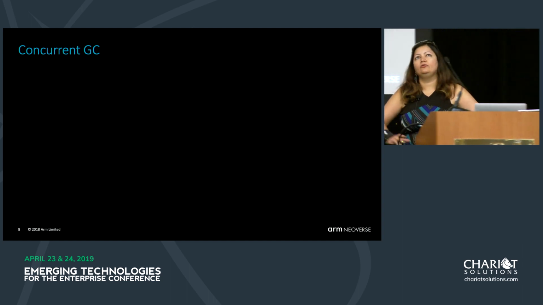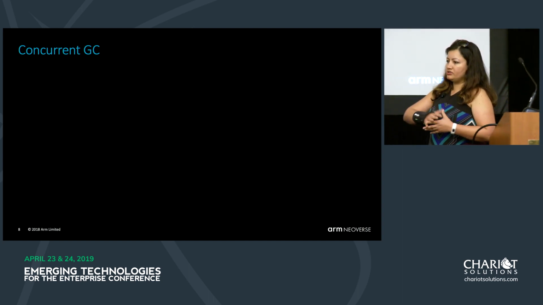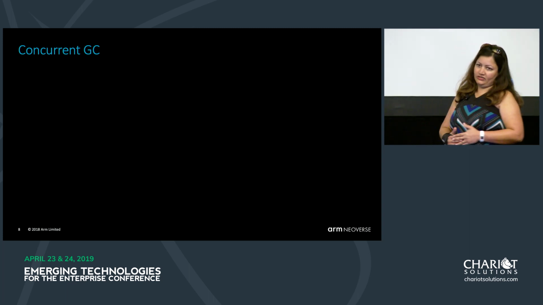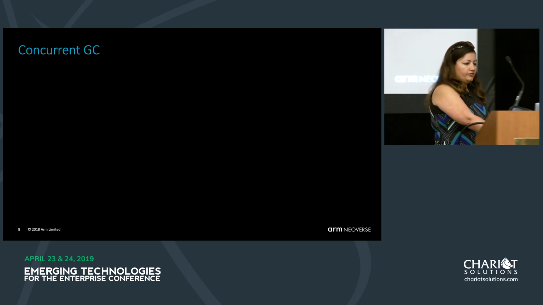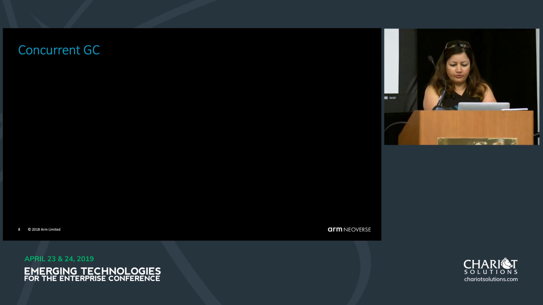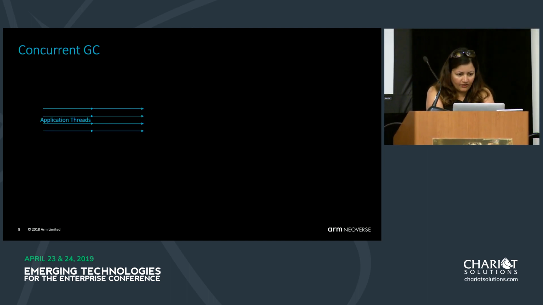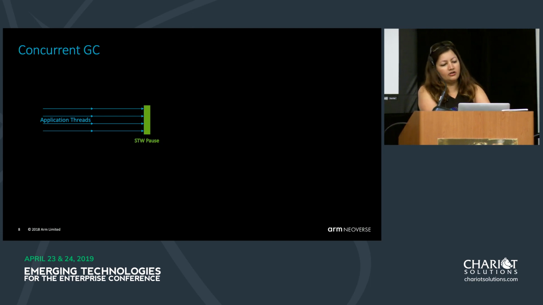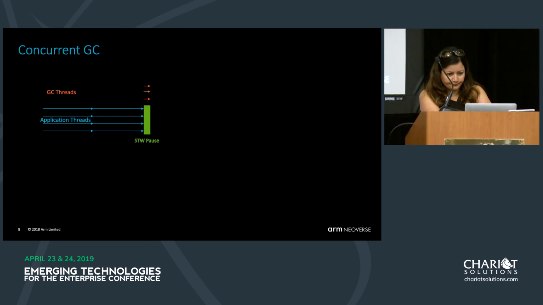So now in thread local handshakes, I've introduced the concept of concurrent GC. Let's just look at how concurrent GC works along with your application. So you have your application threads. They keep allocating until it cannot allocate anymore. You have a short stop the world pause, usually called initial mark.